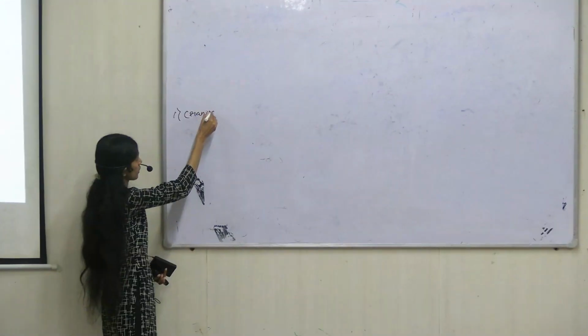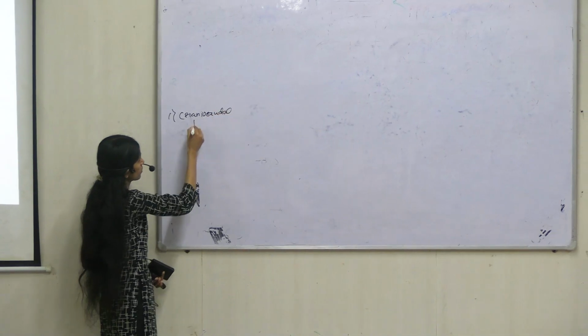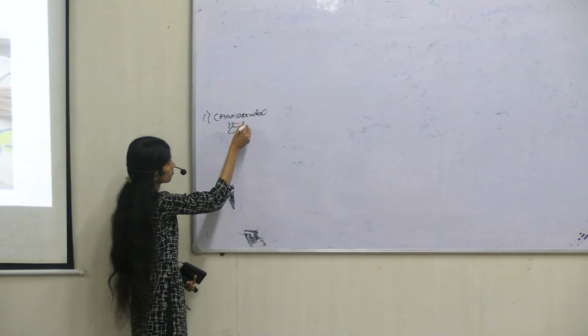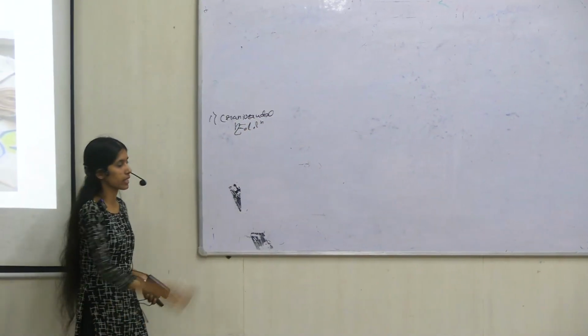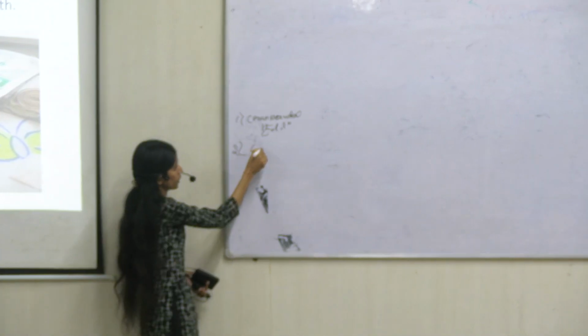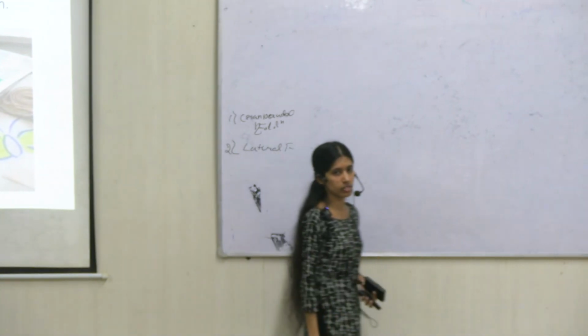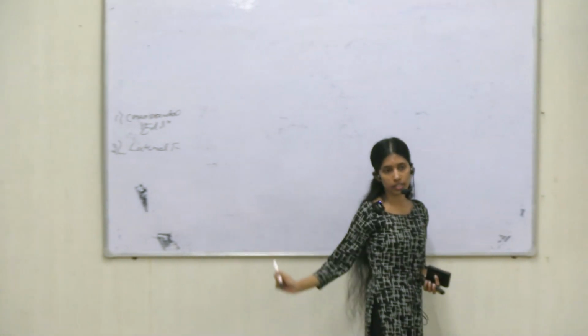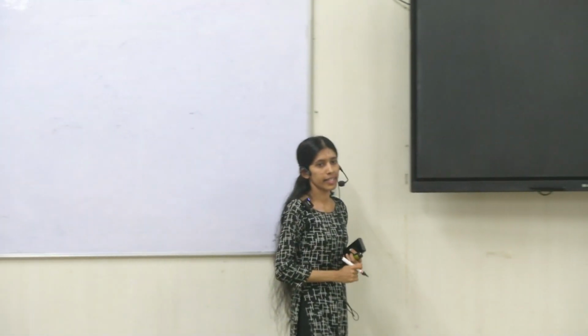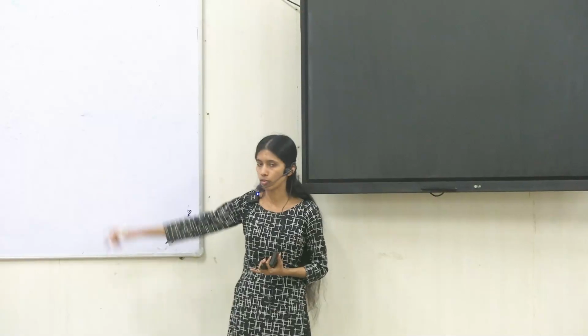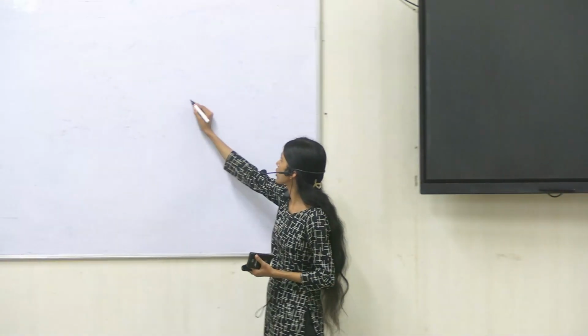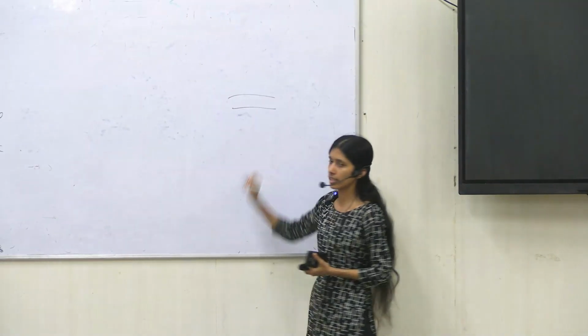The first one is cranio-caudal folding, and the second one is lateral folding. These are the two types of foldings we have studied. The cranio-caudal folding is more like your head and tail folding. In the lateral folding, if you remember, I mentioned the structure will be present like this.